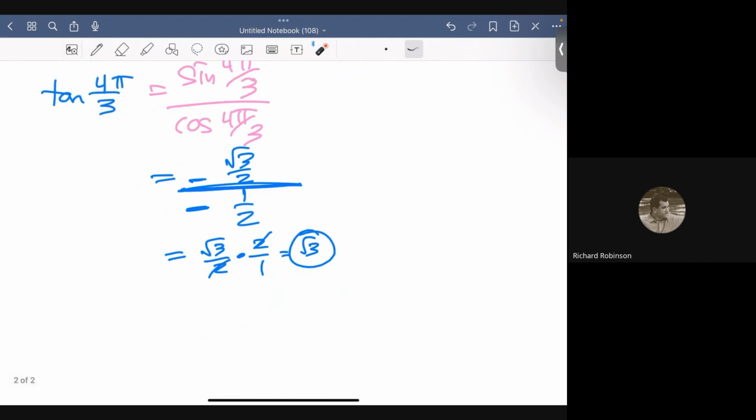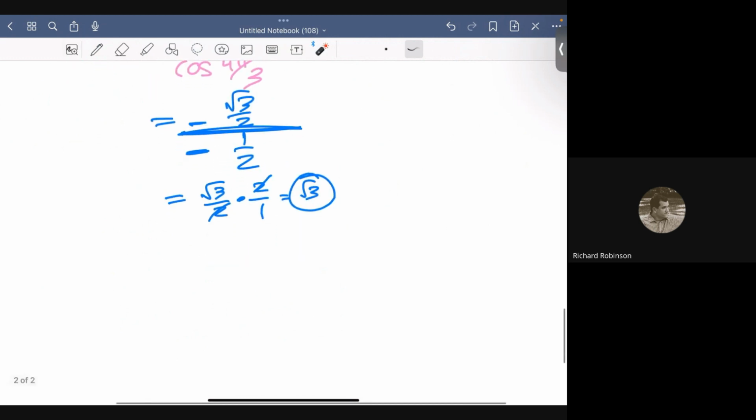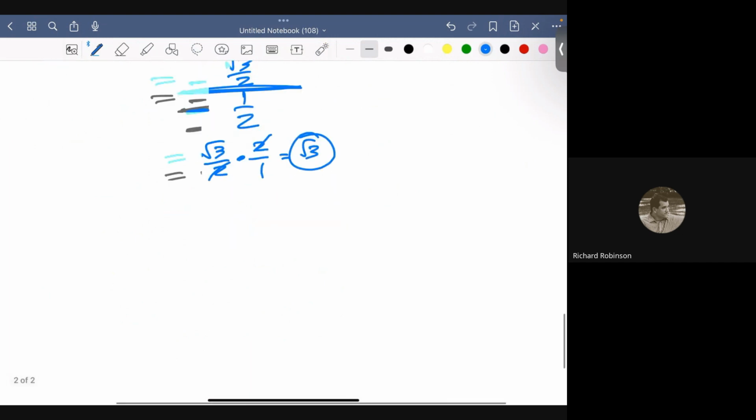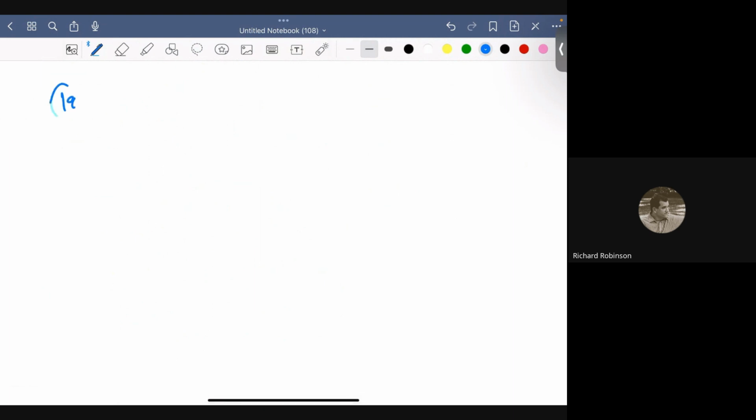So let's do 19. When it says the sine of theta is equal to the square root of 2 over 2, and it says find an acute angle. What does acute mean? If it's cute, it's less than 90.